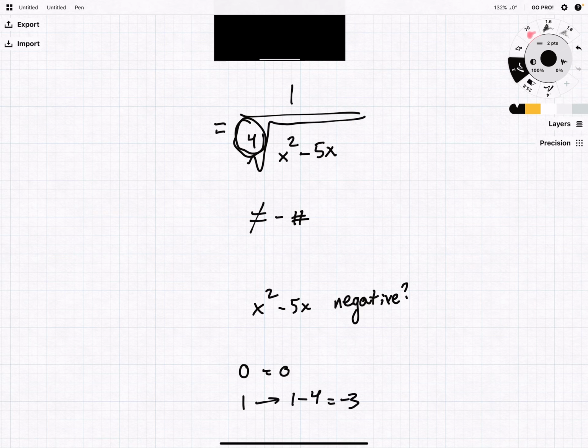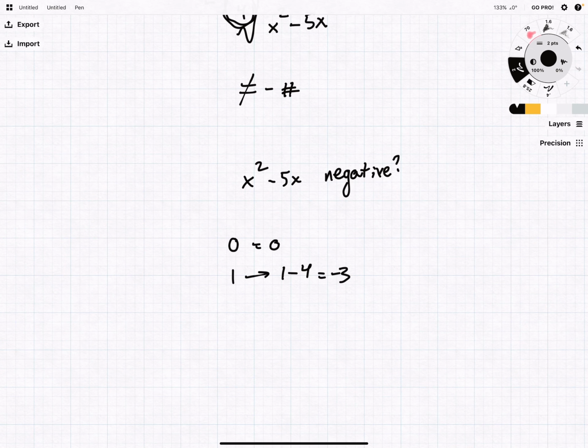So it looks like anything above 0. Now, if we plugged in 5, we would also just get 0. But if we plugged in 6, that would give us 36 minus 30, which would equal 6.